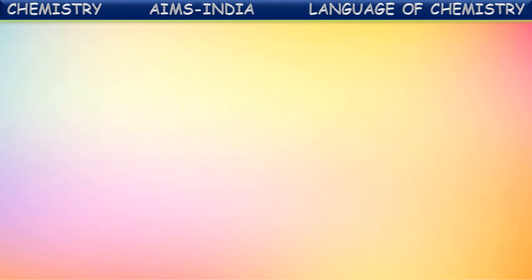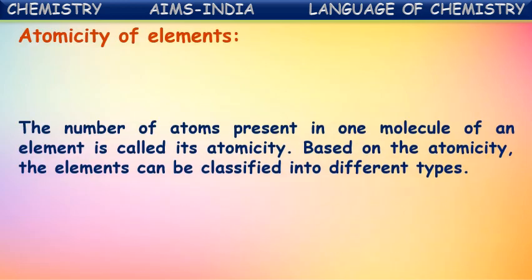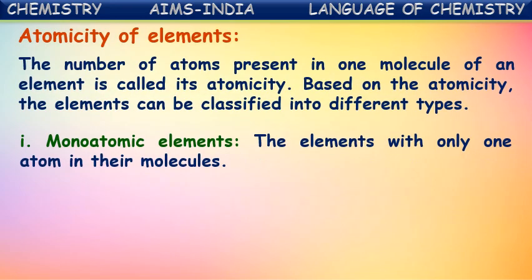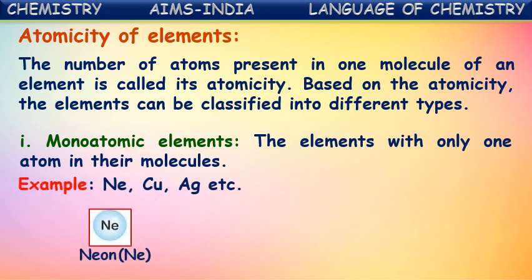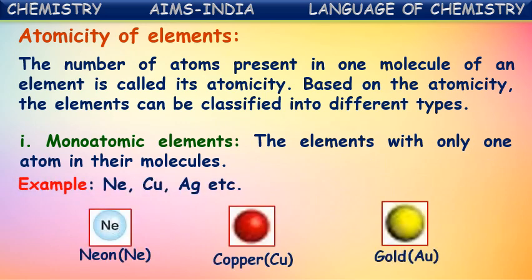Next, now that we have seen how to write the symbols, our next topic and a very important one is atomicity of elements. Now we are representing elements with their symbols, using a capital letter and a small letter, and Latin names also. What is the atomicity of an element?